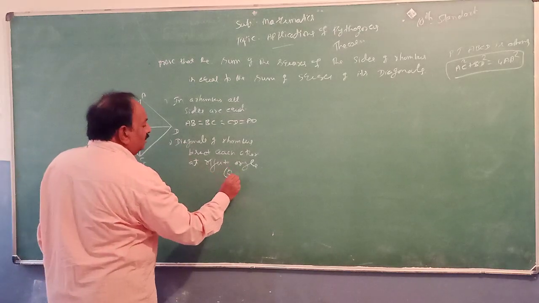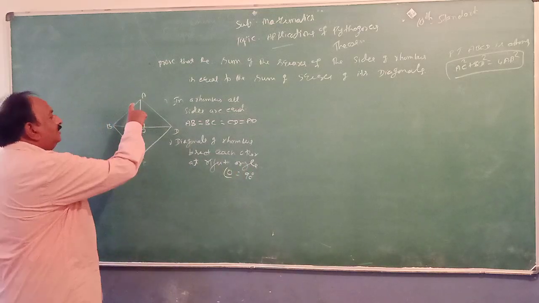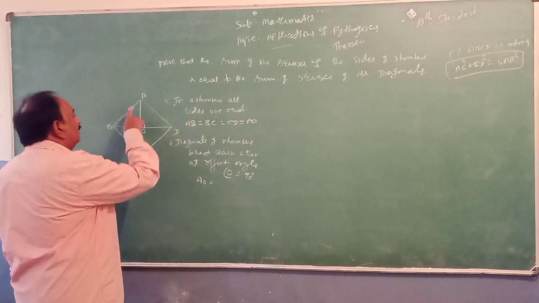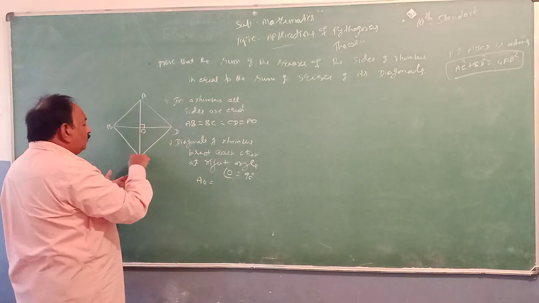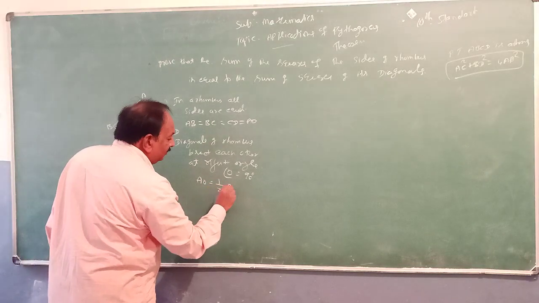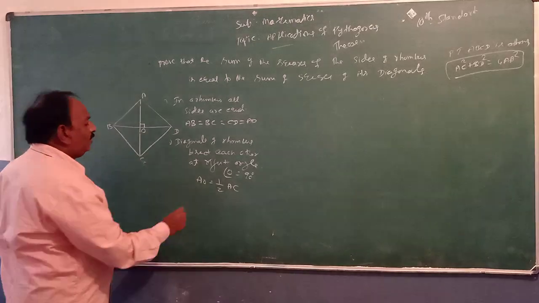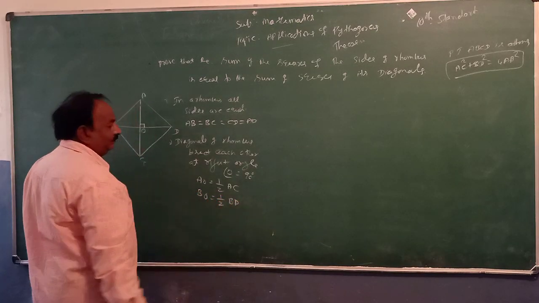Therefore, angle O is equal to 90 degrees. And AO, bisect means AC is cut into two equal parts, AO is equal to half of AC. BO is also equal to half of BD.